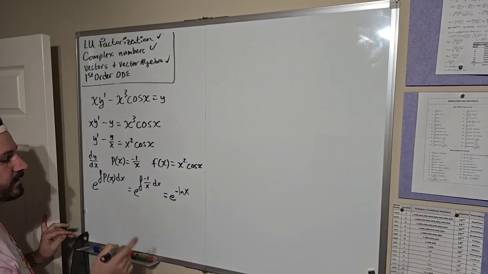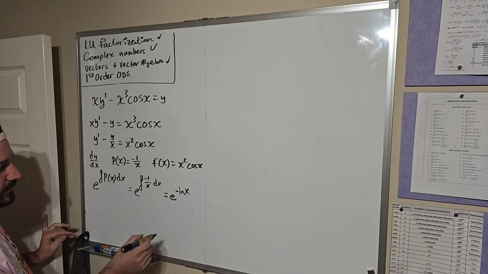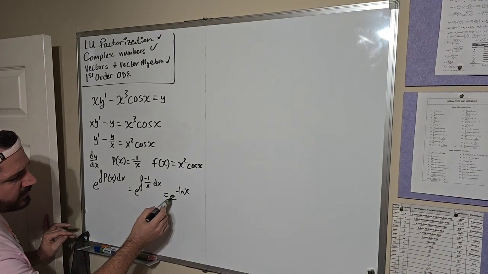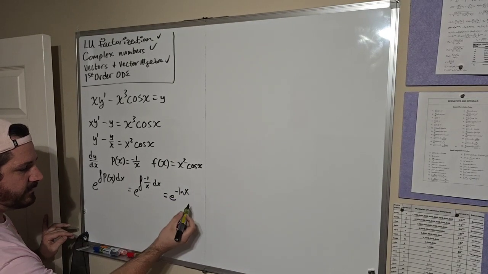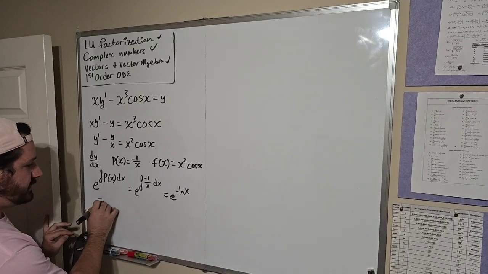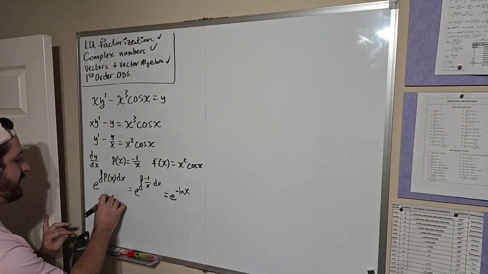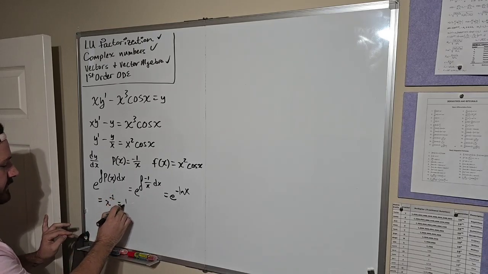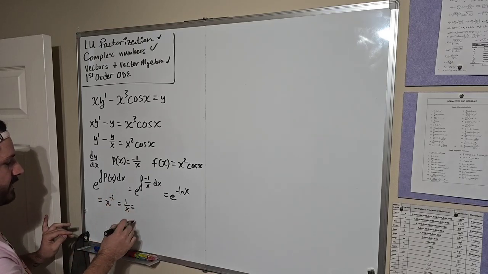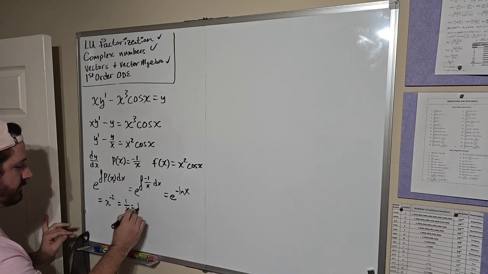But here's where people make a lot of mistakes on this one. When you're canceling your natural log and your e, whatever's inside the natural log comes down, but not what's outside. So this turns into x to the negative 1 power, which is equal to 1 over x. That is now our integrating factor.